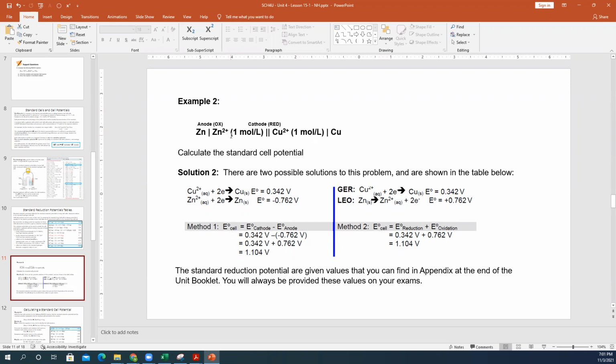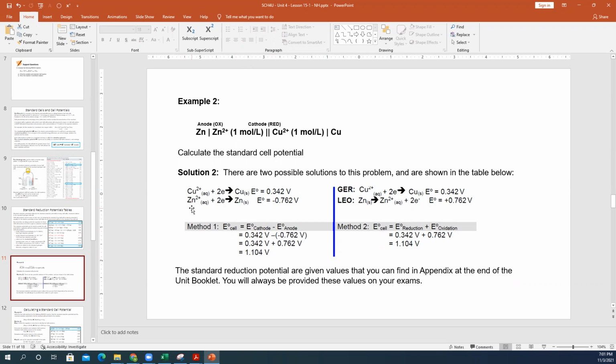Here we're shown that at the anode is zinc, at the cathode is copper, and the concentrations are 1 mole per liter. We can do this using two possible ways to solve this problem. Let's look at method 1 and method 2.